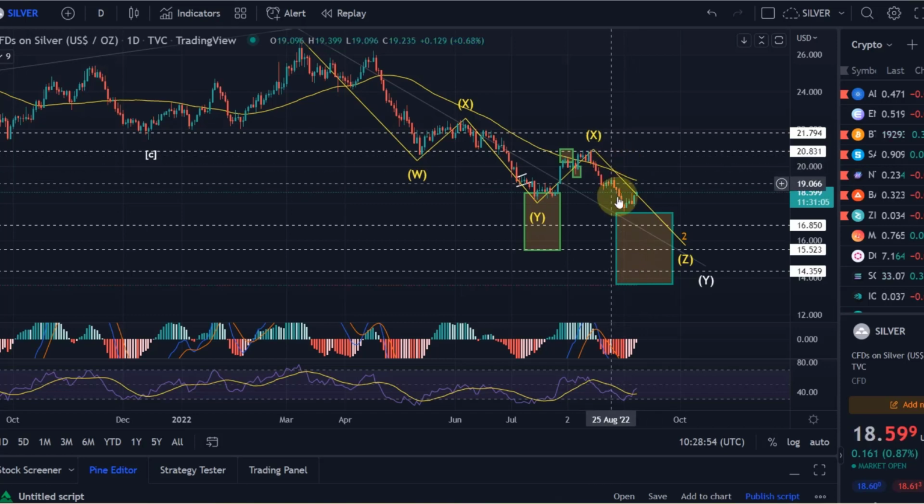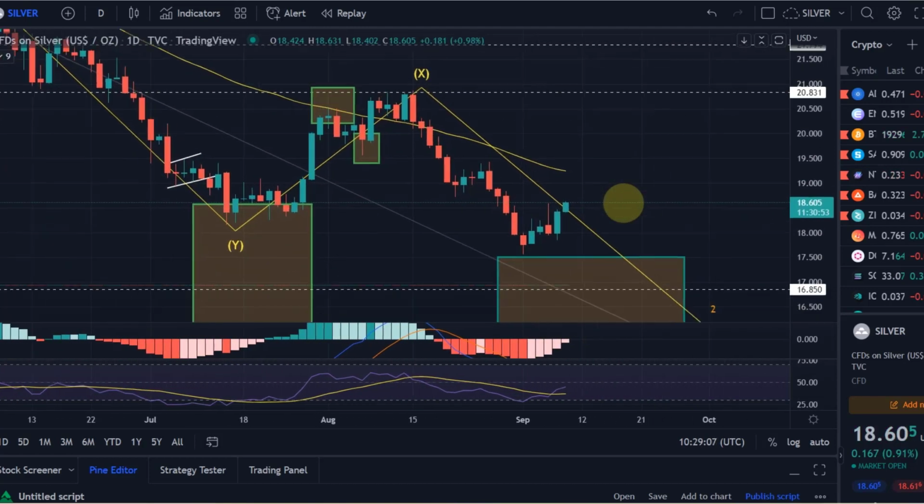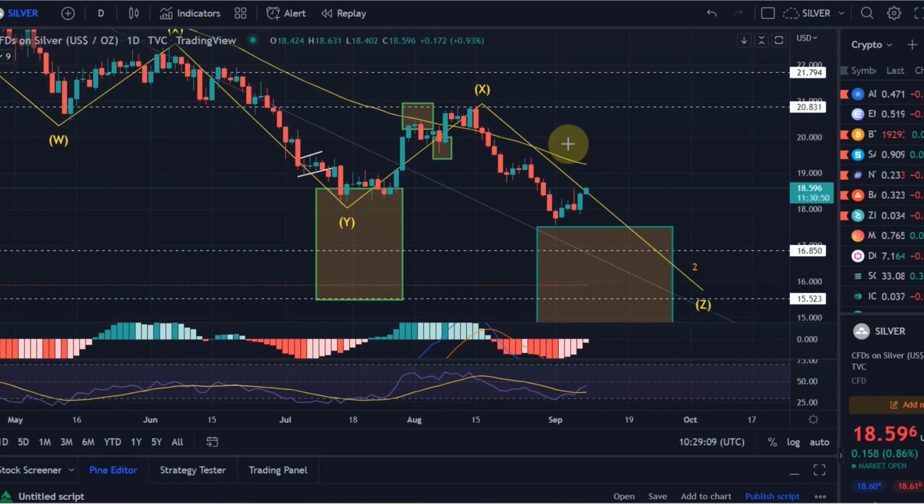So for me at the moment, even though we are reversing to the upside as it seems, let me explain. My view is that primarily we come down lower into the area. I still have to assume that because this move to the upside at the moment looks corrective.